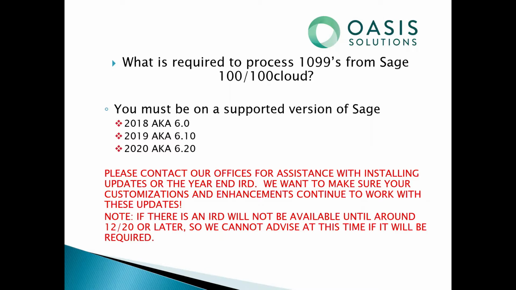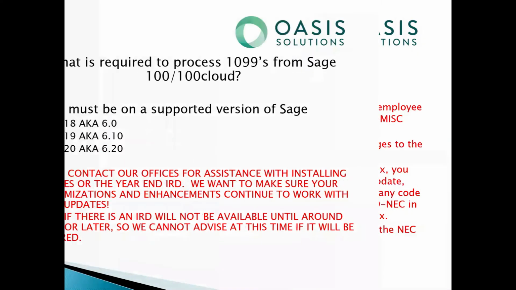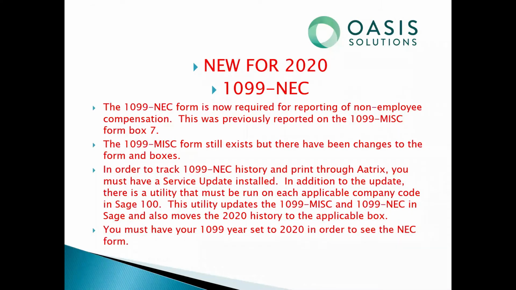If there is something related to accounts payable that does need to be downloaded and installed, we will follow up with an email to make each of you aware of the situation. But at this time, we're not aware of anything else that's going to be required for the 1099s. Everyone will be informed if there's something that you require.